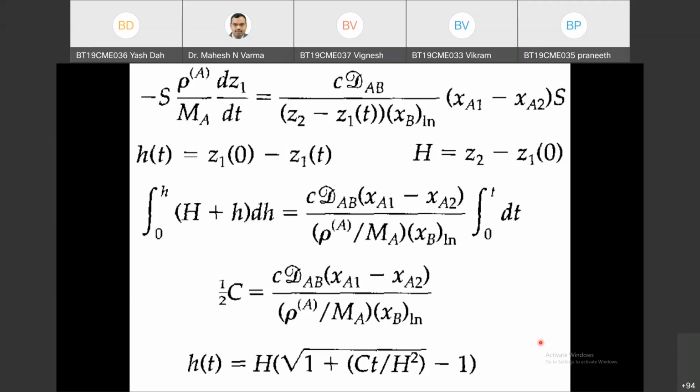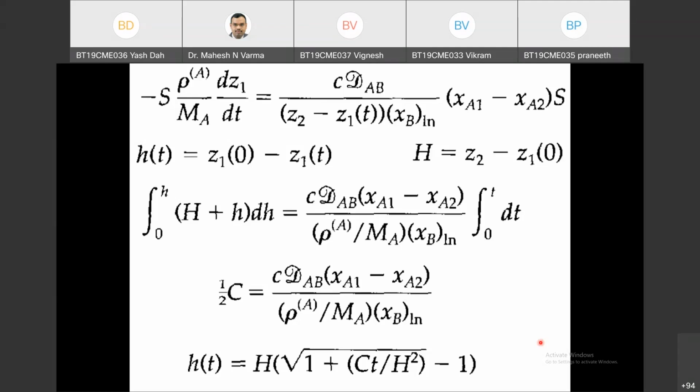Yeah, you are audible. Have you done a Stefan's tube experiment in mass transfer? Sir, which experiment, sir? Stefan's tube experiment. Yes, sir. So have you used this equation or similar equation? Maybe nomenclature might be different. Sir, are you talking about the h of t above equation?